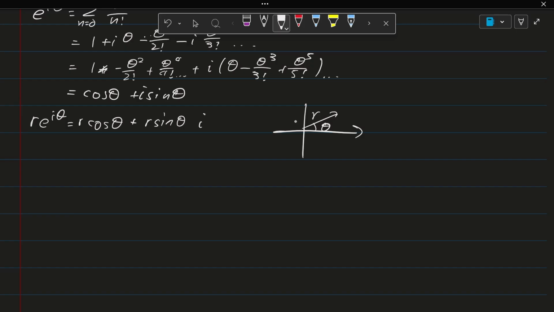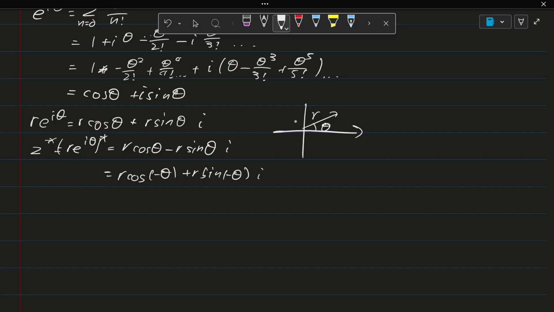This is what it truly means. So we could express now what z* is. z* of r e to the power of i theta is actually just r cosine theta minus r sine theta times i. Or you could write this as r cosine negative theta plus r sine negative theta times i. So this is just r e to the power negative i theta.